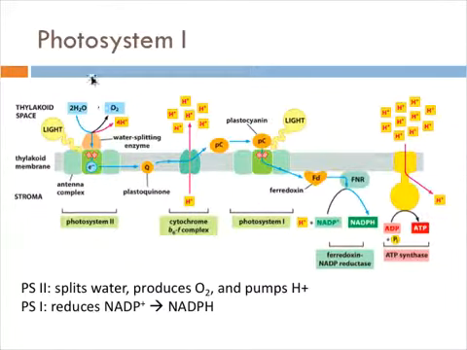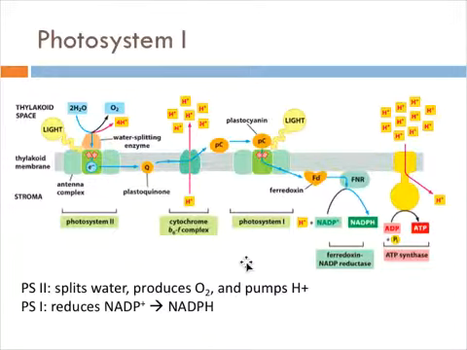Over here we got the replacement from water. In photosystem 1, the replacement electron comes from photosystem 2. It's this electron right here that gets pulled through and ends up replacing the electron in photosystem 1.